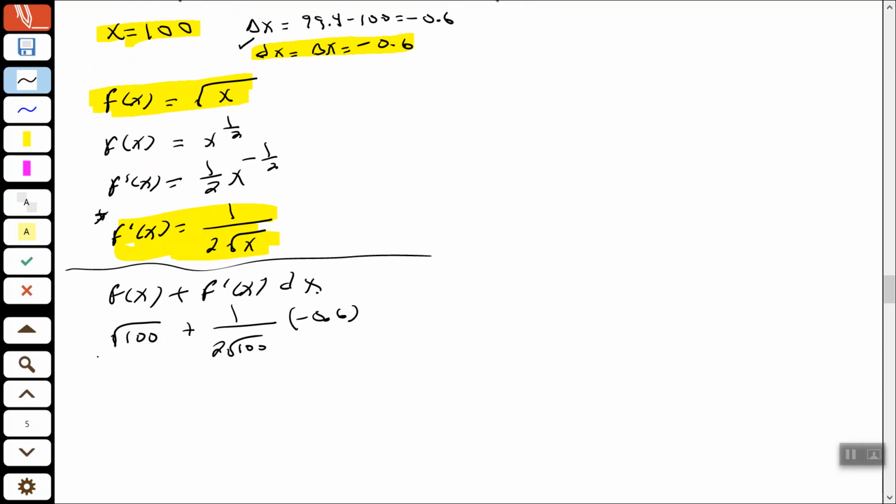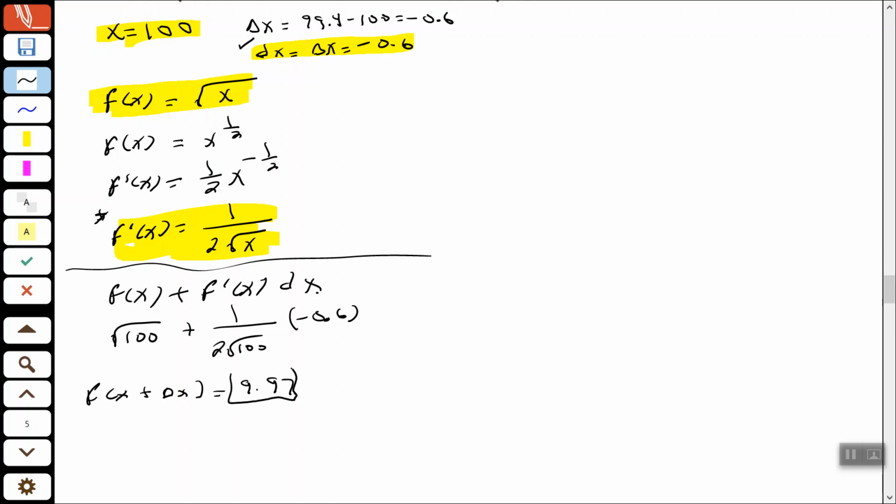And then if we calculate that, the square root of 100 is 10, and you put all of that in our calculator, we find that this approximation of f of x plus delta x is equal to about 9.97.